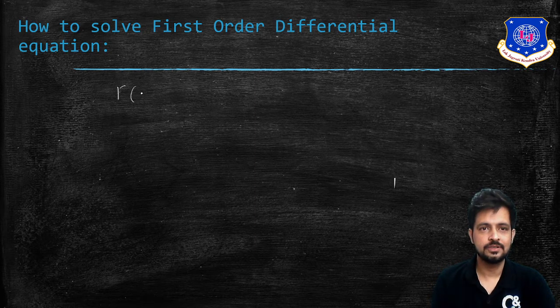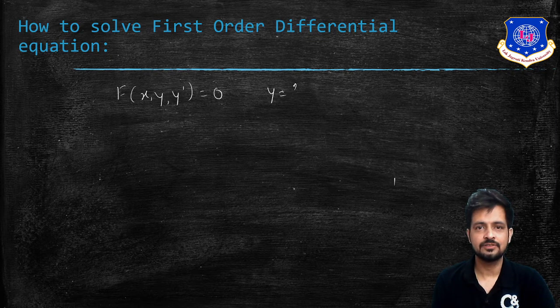If the equation consists of x, y and y dash, where y is a function of x, y is the dependent variable, x is the independent variable, and y dash is the derivative of first order.